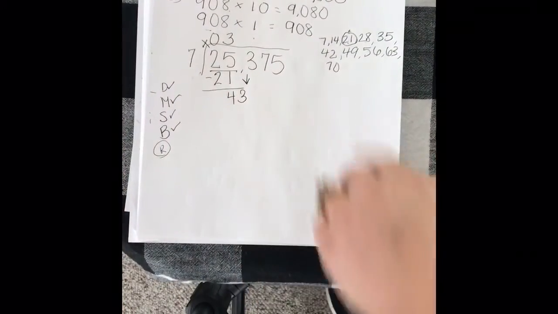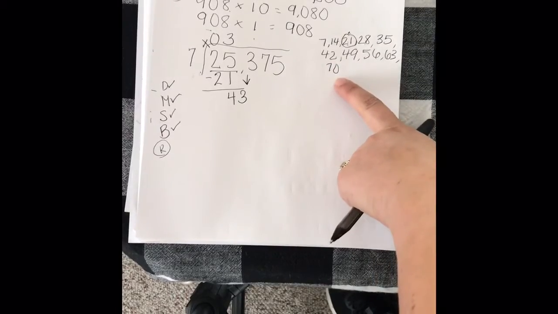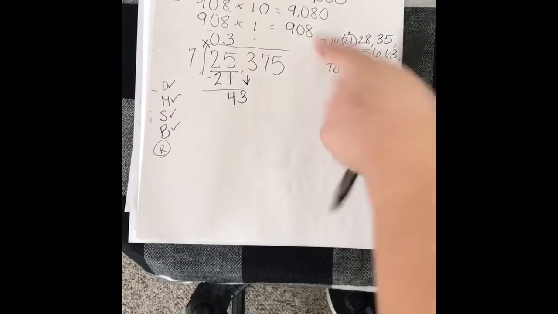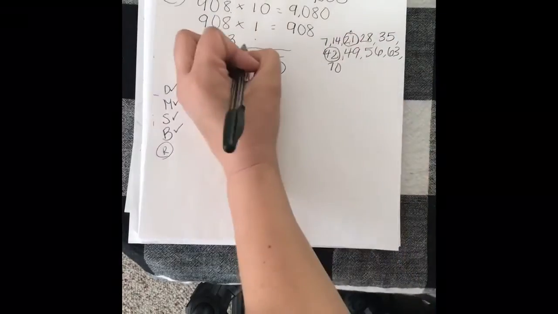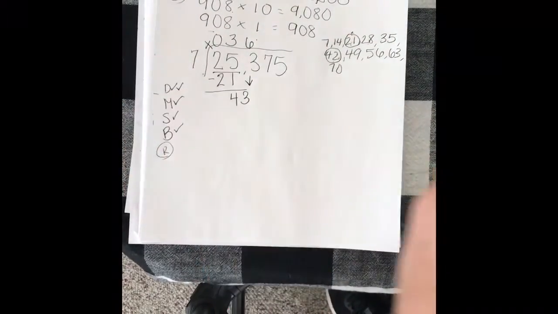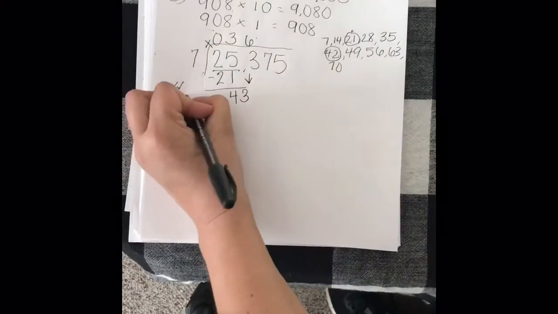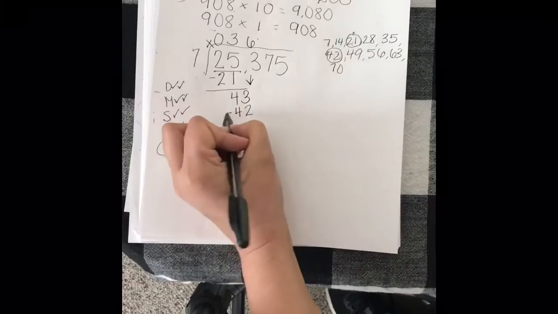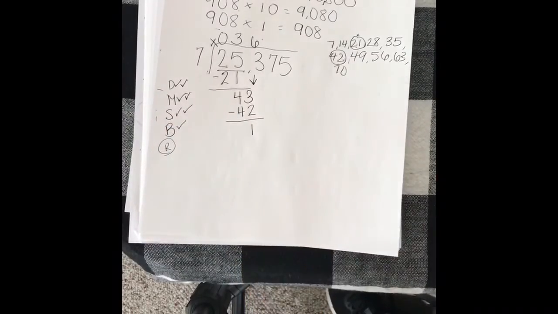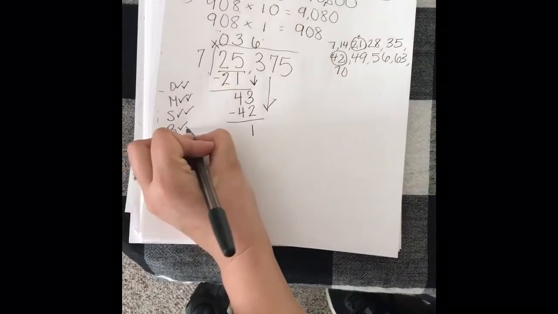So we're looking for the number 43 in our multiples, and the closest I see is 42. 1, 2, 3, 4, 5, 6 times. That's me dividing. 6 times 7, we know, is 42. And we can subtract them, leaving me 1. So I could bring down my 7.